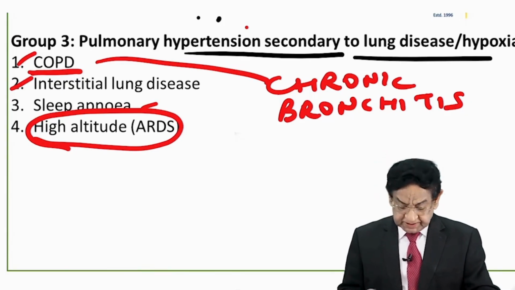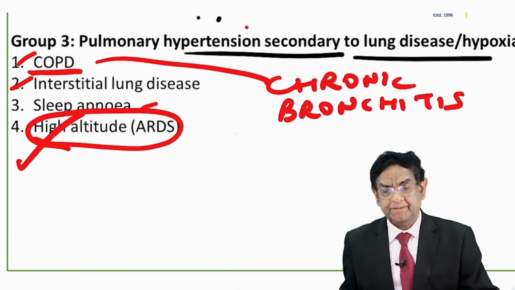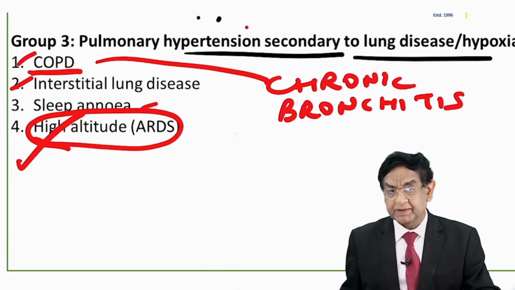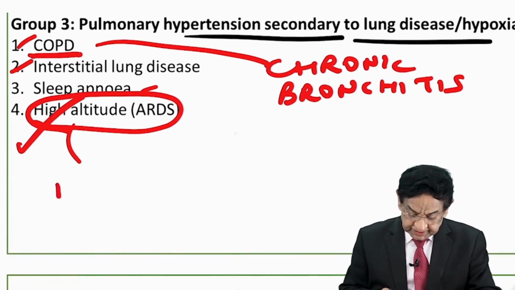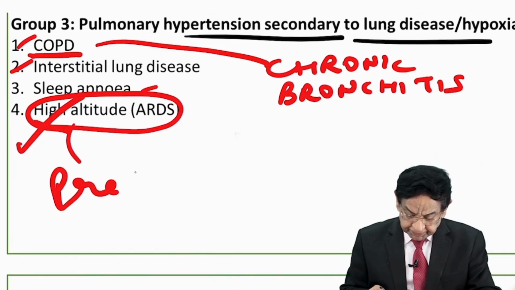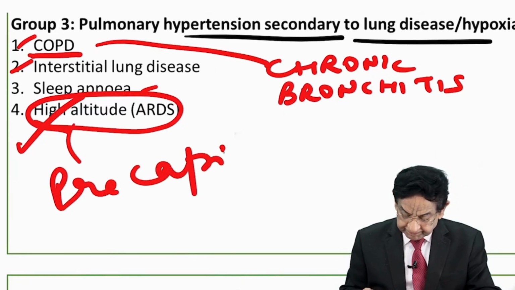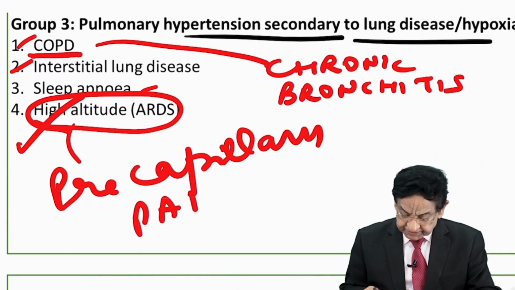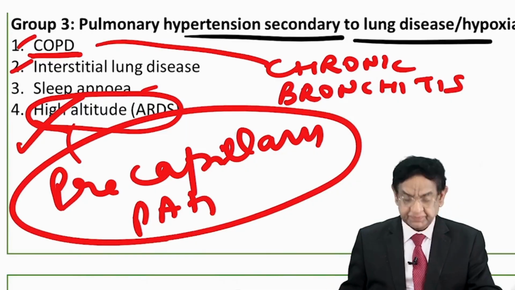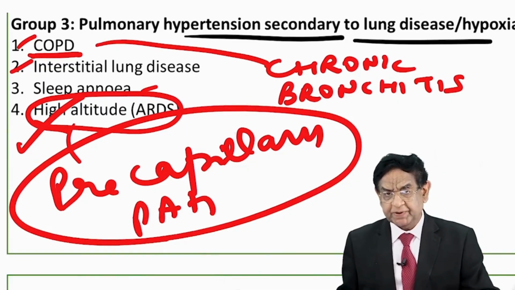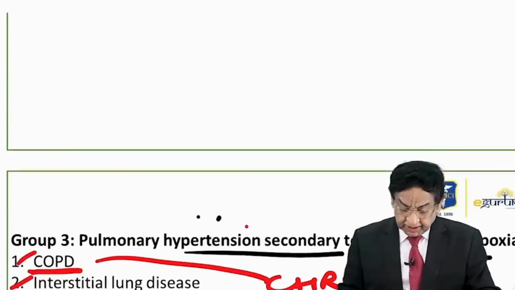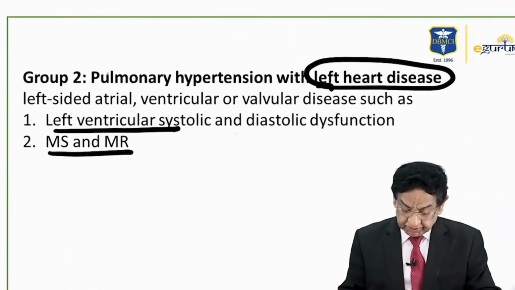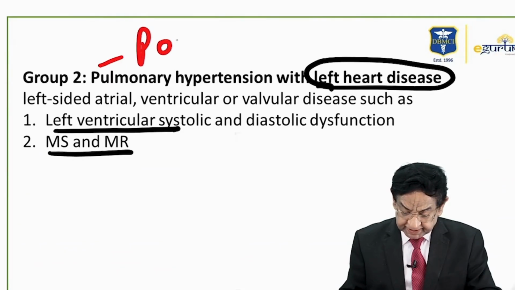Out of these, this is the single most important thing to remember. And here only you can write down. It is precapillary type of PAH. What is the meaning of precapillary and postcapillary? I'll be discussing soon. You can write down here about this. They are the postcapillary PAH.